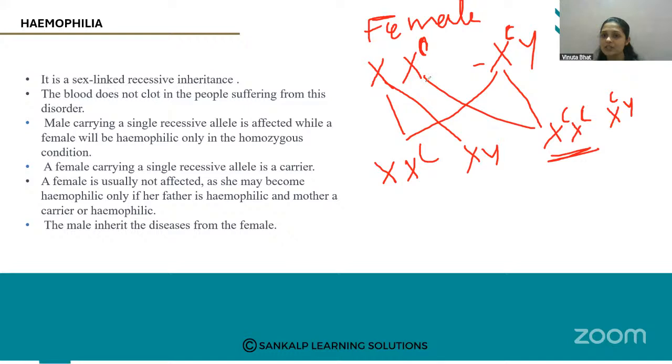Here there is a chance of one affected male, and one carrier female. Okay, so this is how hemophilia transfers from one generation to the next generation.